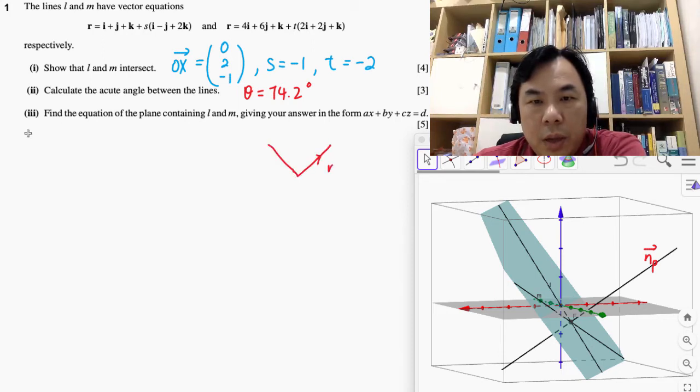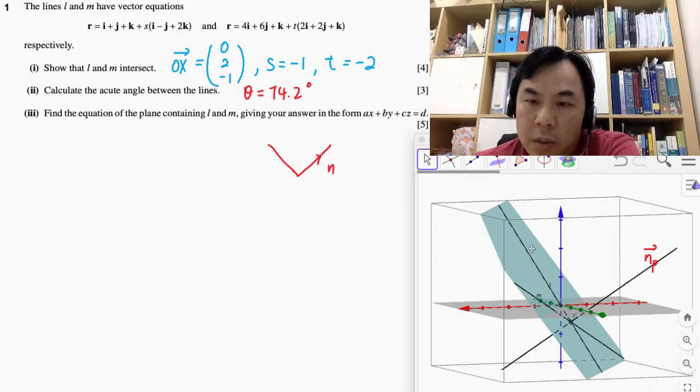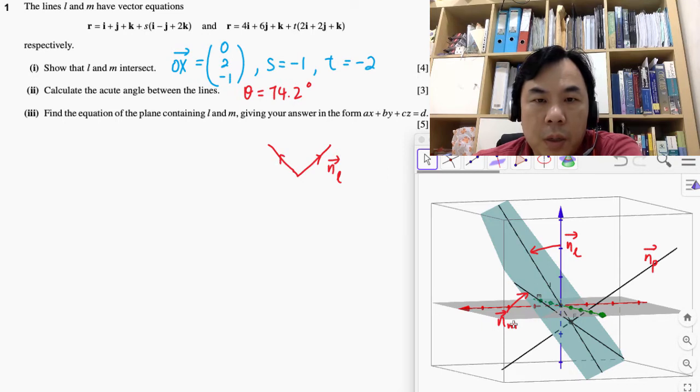This one is nL, the direction vector of line L, like the one that we labeled. And this one is given by its direction vector nM.